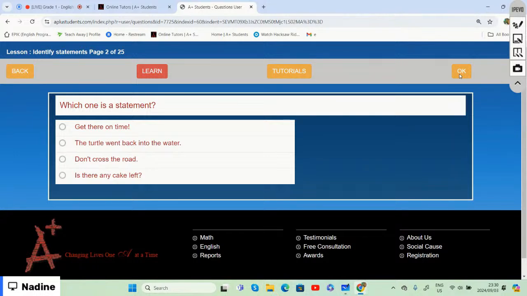If we look at this, it says, the turtle went back into the water, or don't cross the road, or the last one, is there any cake left?